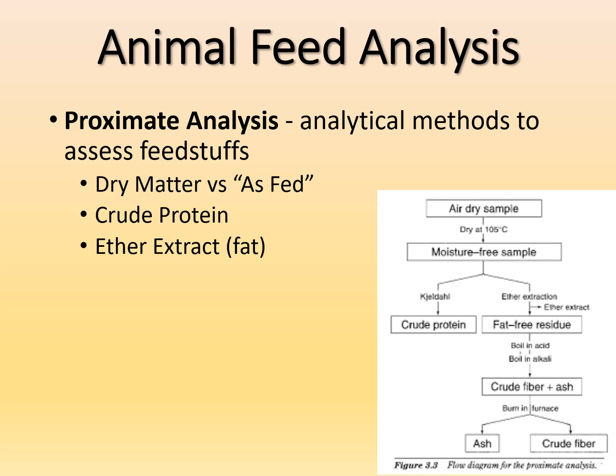Then we have to figure out what else is in there. If you get your dry matter, you take out your moisture, how much is protein? That's your crude protein. How much is fat? That's the ether extract. Then you look at your ash, which is the inorganic materials, your minerals.